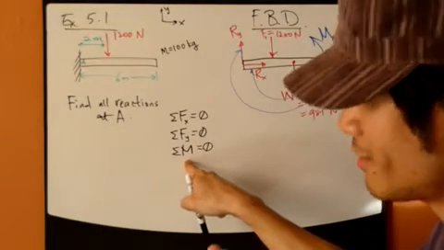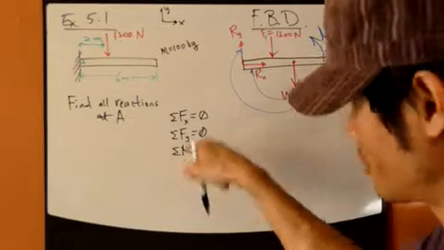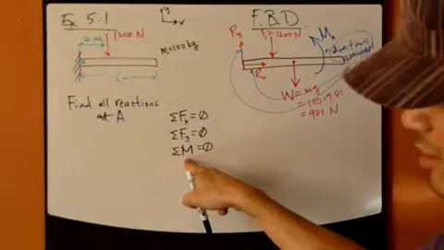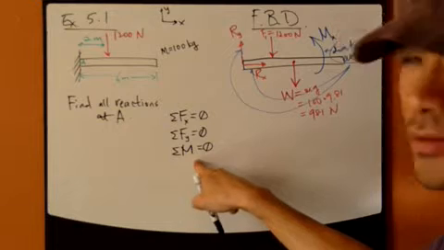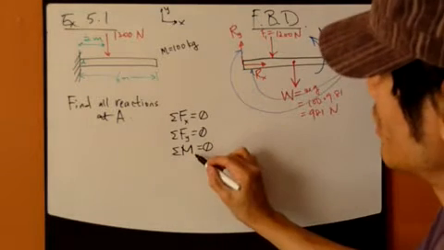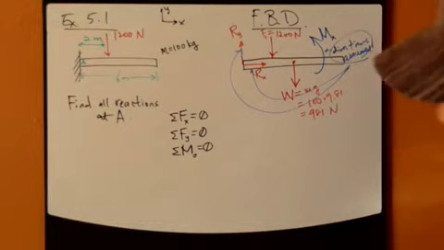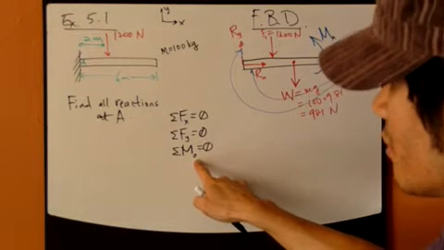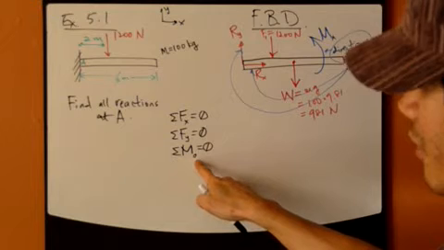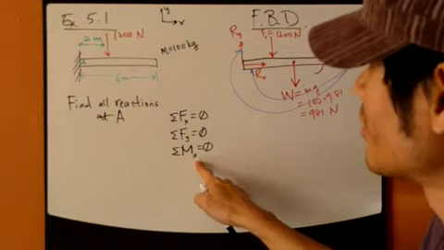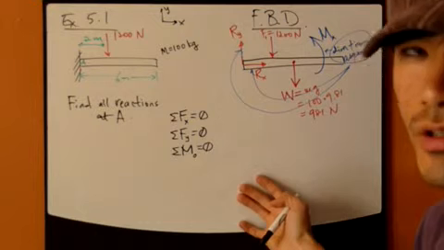You're free to sum moments about whichever point you choose. I'm just going to call it point O for now. Which point you choose will have different consequences. If you choose a smart point, then your solution will be a lot easier.